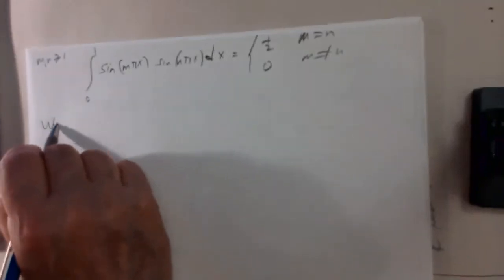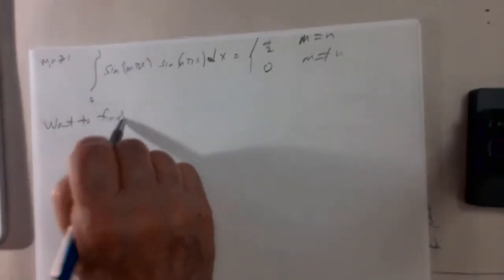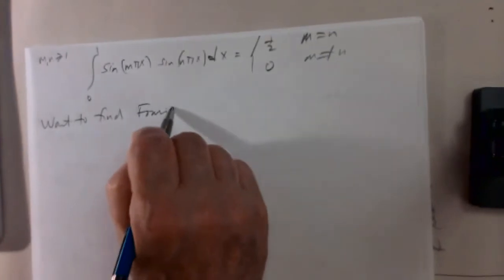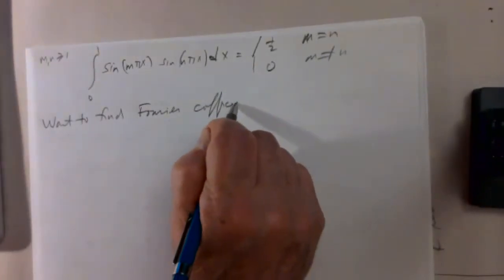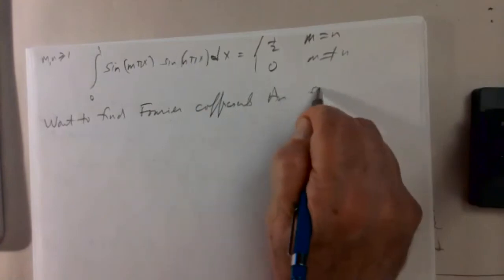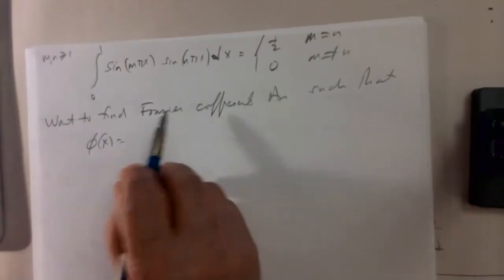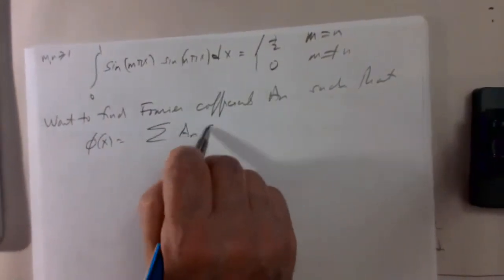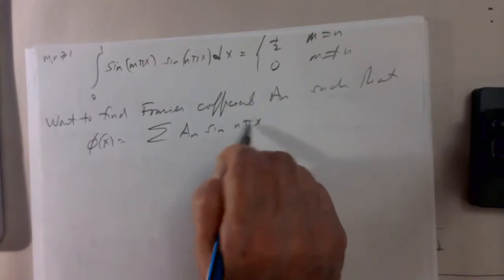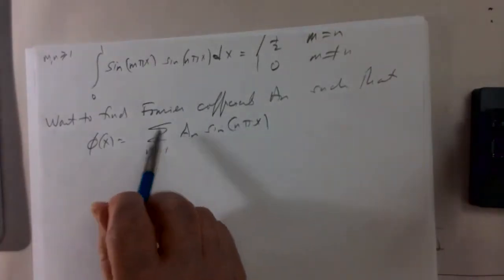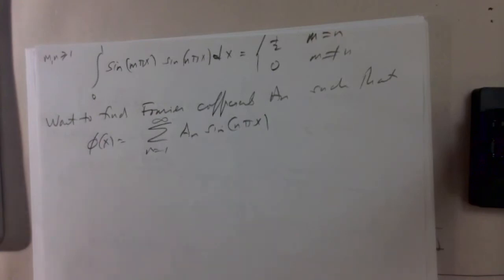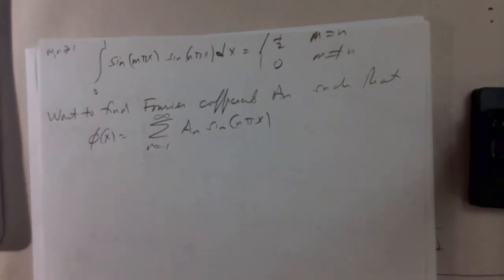All right? And why is this important? We want to find these Fourier coefficients a sub n such that my function phi of x is the summation of a_n sine n pi x. And using the orthogonality relation, I can find a formula for a_n.